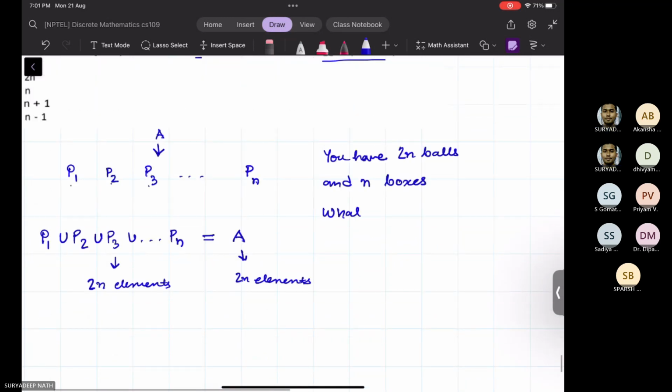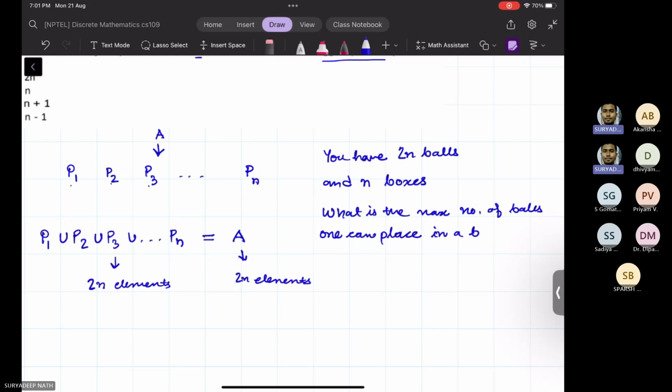What is the max number of balls one can place in a box such that no box is empty?